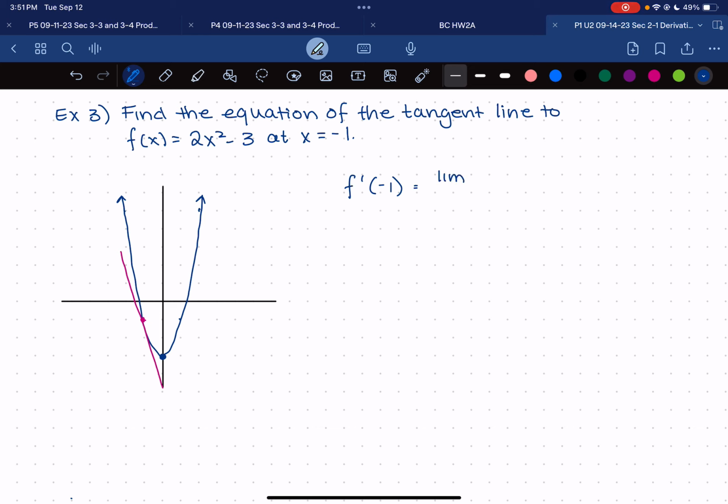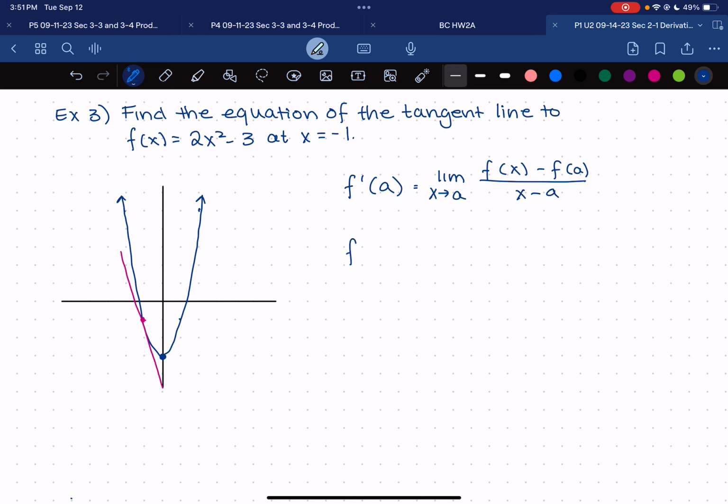And using that formula, it's the limit as x approaches a, which in this case is -1, of, actually, let me write the formula down. So I'm going to make those a's. This is the formula I gave you: f of x minus f of a over x minus a.